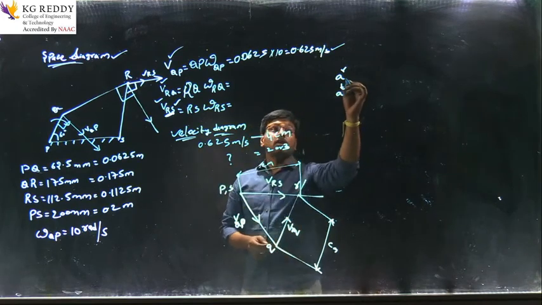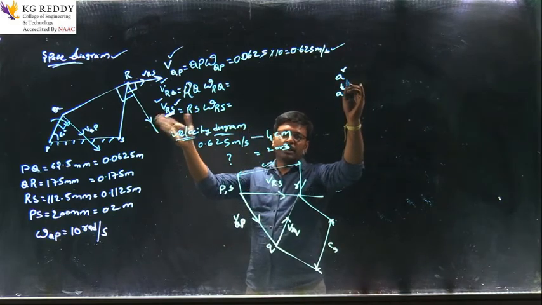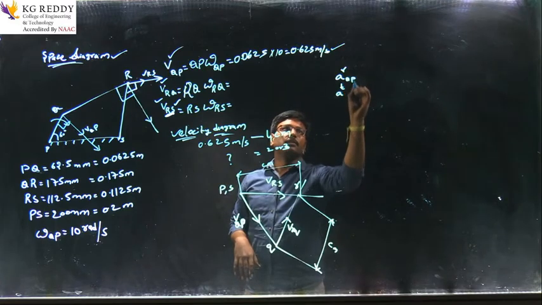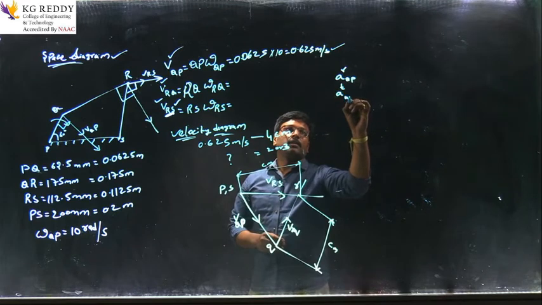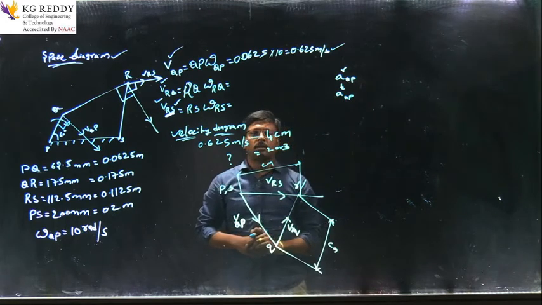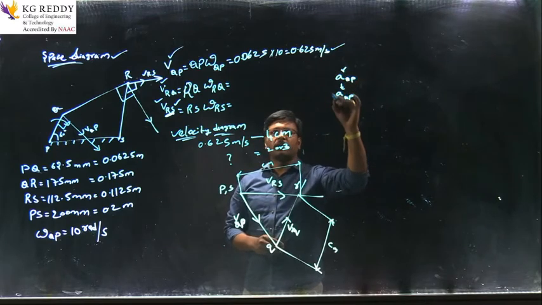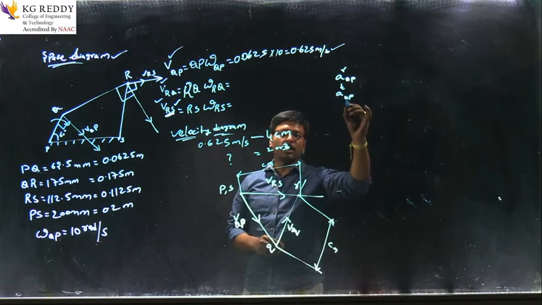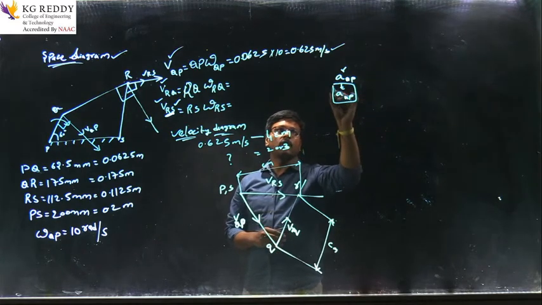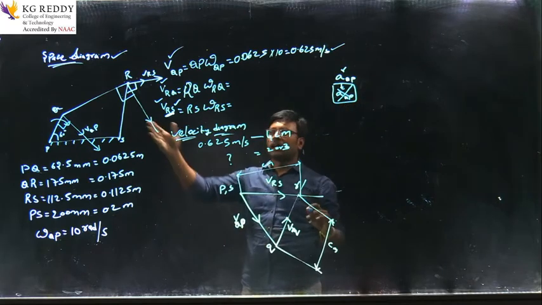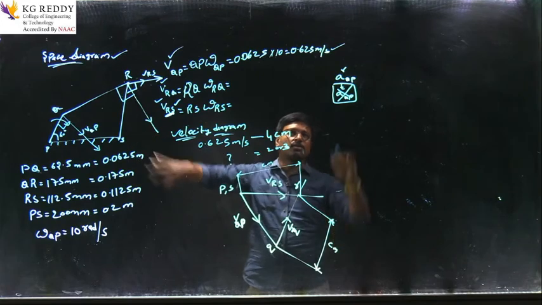For the first one, the radial component of QP, right? As I told you in the previous video, here you see the radial component of Q with respect to P, and the tangential component of QP with respect to P. Here the tangential component does not exist because the crank PQ is rotating with a constant velocity, so we are not considering it.